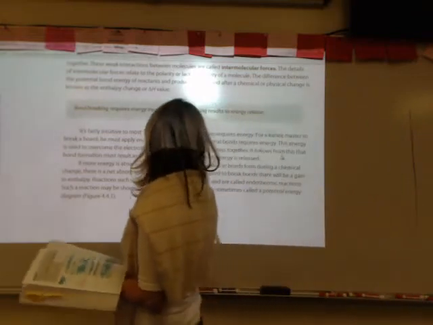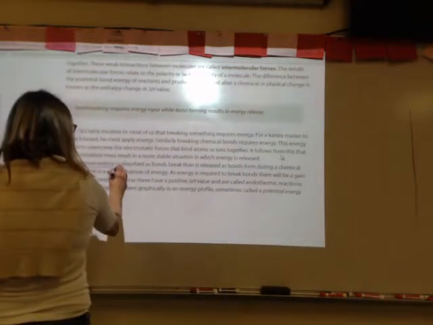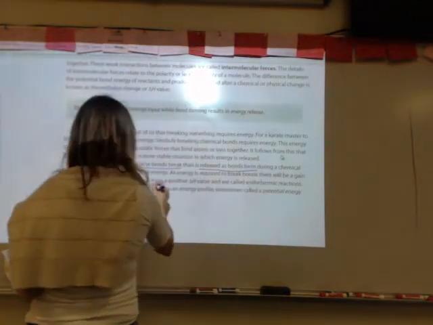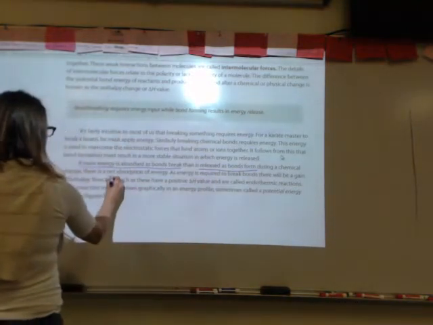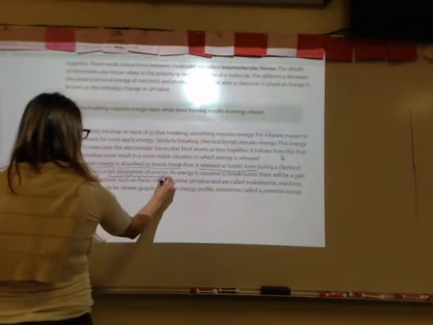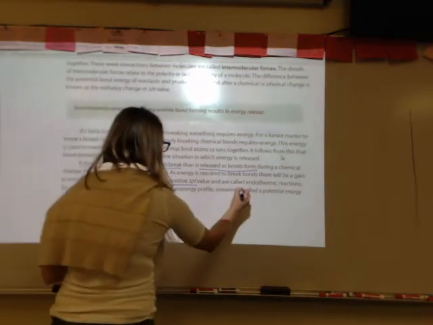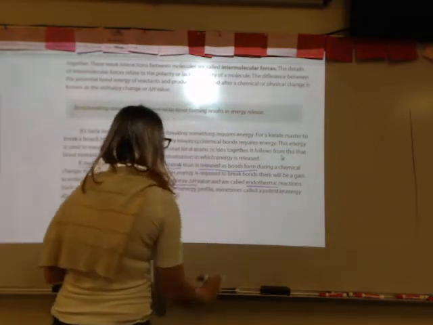So if more energy is absorbed as bonds break than is released as bonds form, then there would be a net absorption of energy. And this would mean you have a positive delta H value. This is known as an endothermic process, okay?